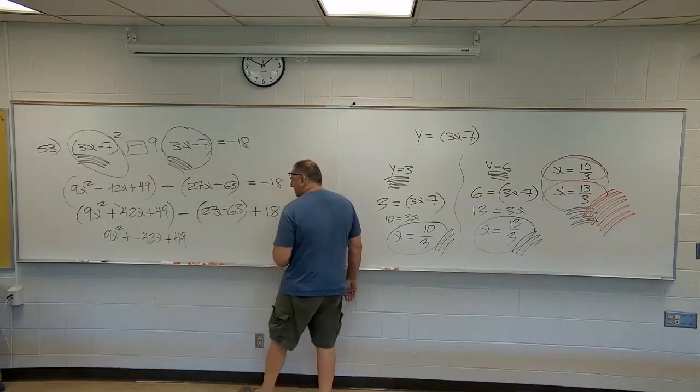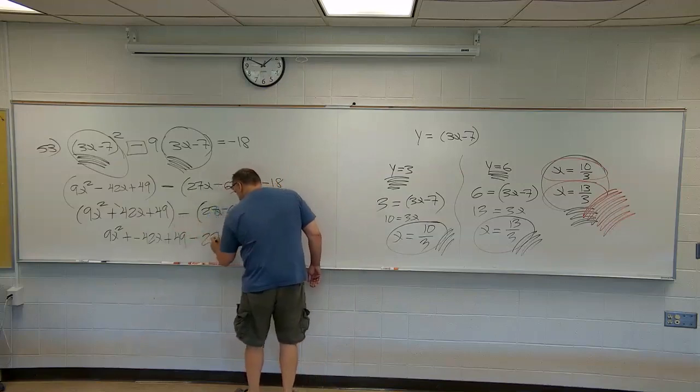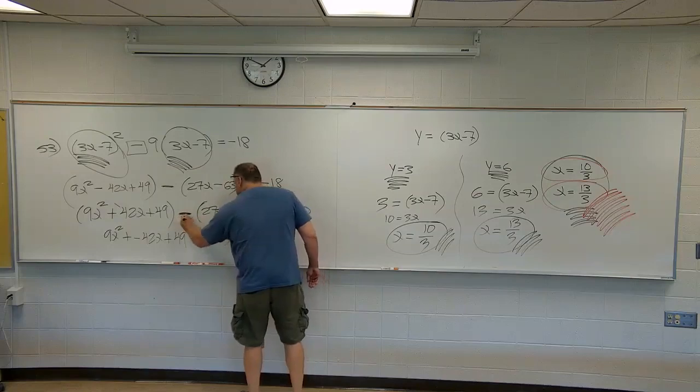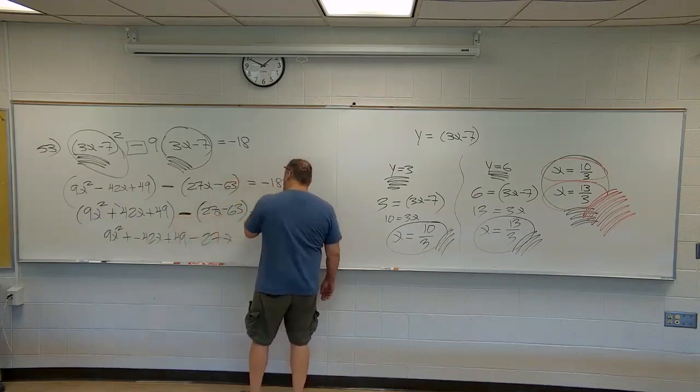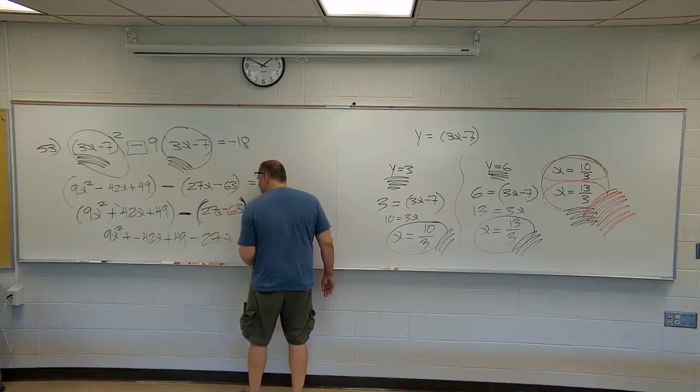Minus 27x. Bring the minus inside, guys, and hit everybody within these parentheses. Don't go all the way to there, just within here. Minus 27x, minus a minus is plus.